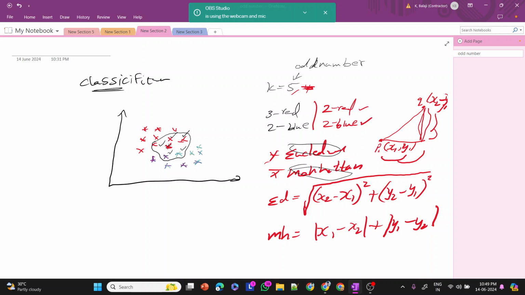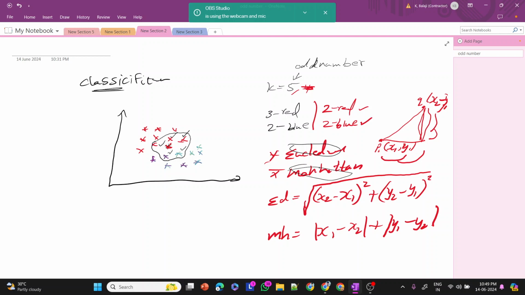It does not build an explicit model, but it replicates the entire data and keeps a copy. Depending upon that, it will perform the distance function, and then it will give the output.